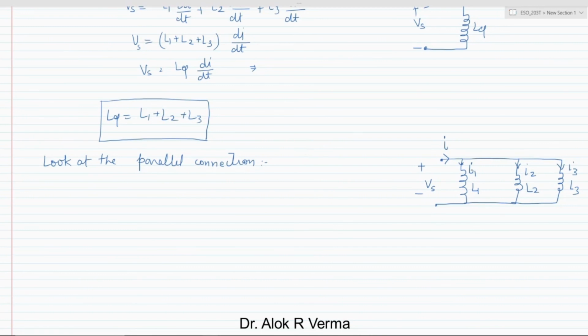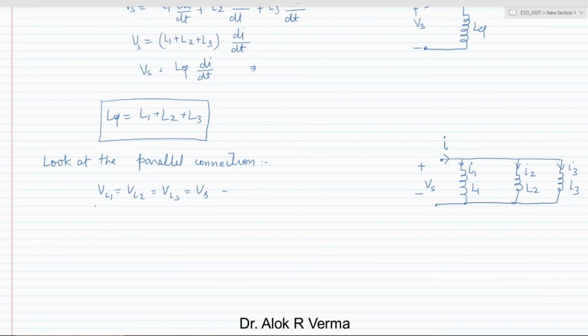So now you can see that the terminal voltage between these 2 points, which is across L1, L2, L3, is the same. So VL1 is the same as VL2 and VL3, which is nothing but Vs. So this is the first look at the parallel circuit, that the voltage across it will be the same.